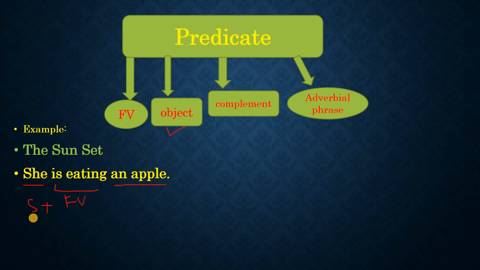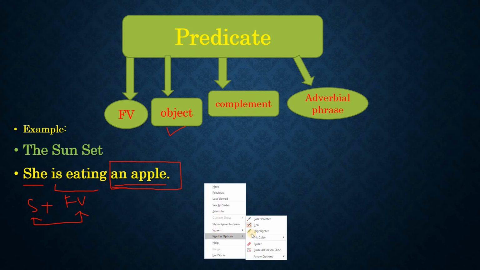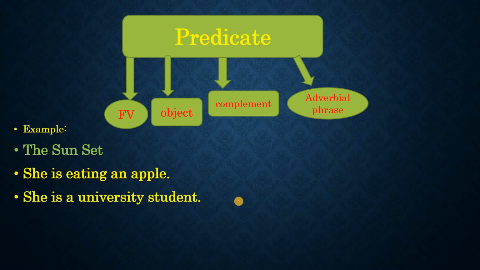Subject plus finite verb is common for making a clause. But an apple is not common. Sometimes it can be used or not used. Next example. She is a university student. She, the subject, is a university student. It is the predicate part.